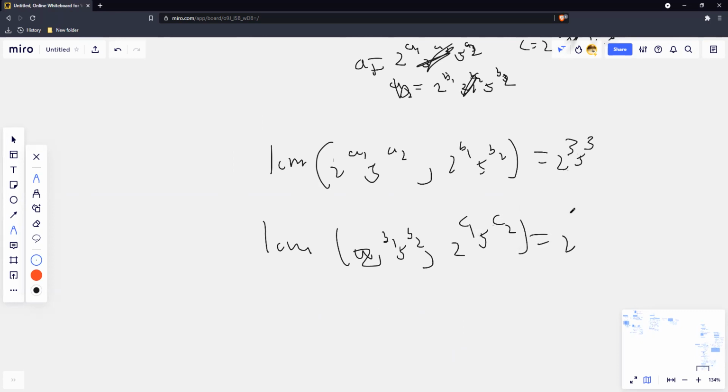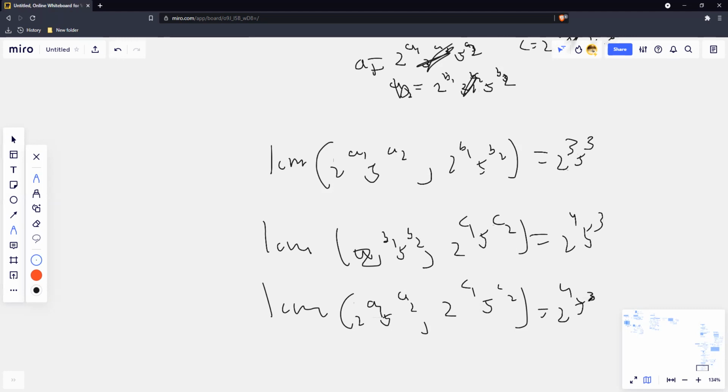It's 2000, right? Yeah, it's 2000. Then we have the third one, LCM of 2 to the A1, 5 to the A2, 2 to the C1, 5 to the C2. Well, now we have to do some logical thinking. This is like a logic thinking puzzle.